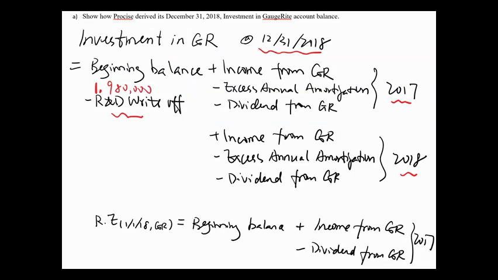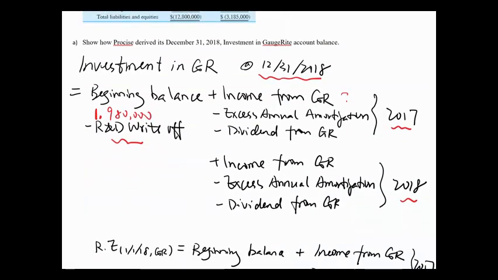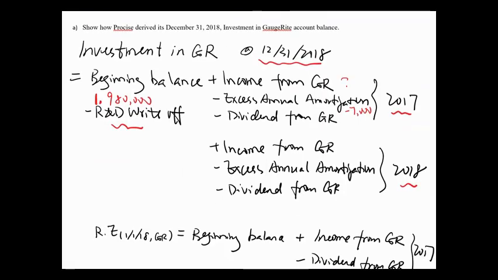Do we know anything about the income from Goldright in 2017? We don't know that here. We know the excess annual amortization, calculated over here, 7,000. Also in 2017 we don't know anything about the dividend paid, so we just leave them there.